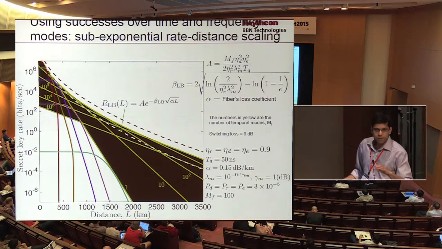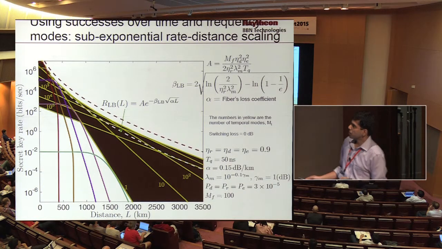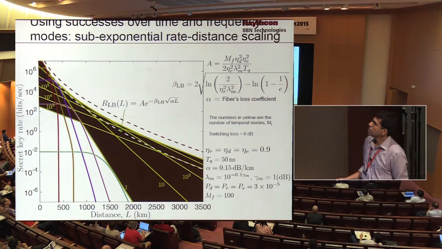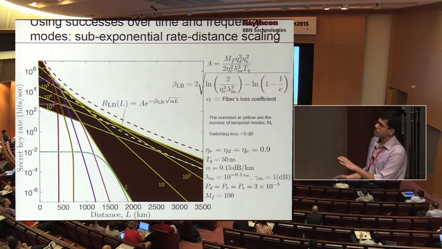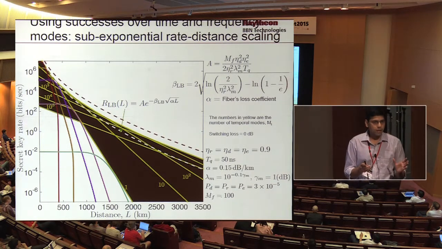If you have hybrid frequency and time, then you can actually get sub-exponential scaling. We were able to show this analytically. Instead of getting e to the minus something times L, you get e to the minus square root of something times square root of L. This is, of course, assuming that in the time mode switches there isn't any loss.